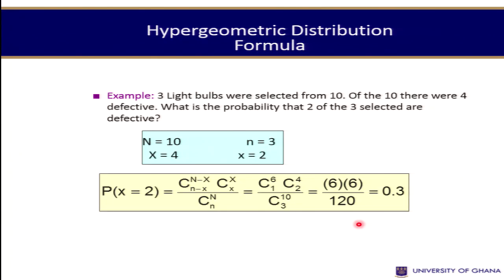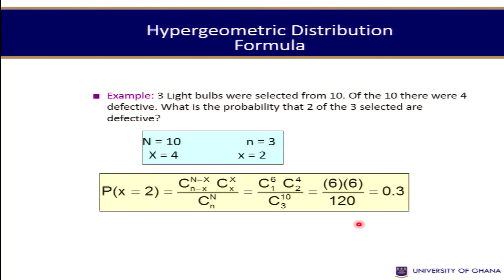Let's take an example, and I know you'd understand this perfectly. 3 light bulbs were selected from 10. Out of the 10, 4 of them were defective. What is the probability that 2 out of the 3 selected are defective?